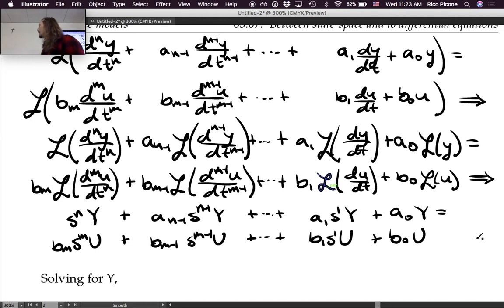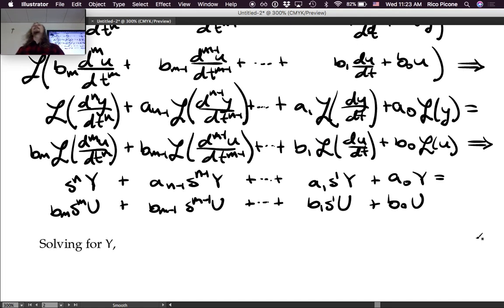And holy crap, look at how compact that was. Holy crap, you can factor out a Y from every term on the left-hand side. And on the right-hand side, you can factor out a U from every term. Awesome. So that means that we can solve for, you guessed it, Y over U.